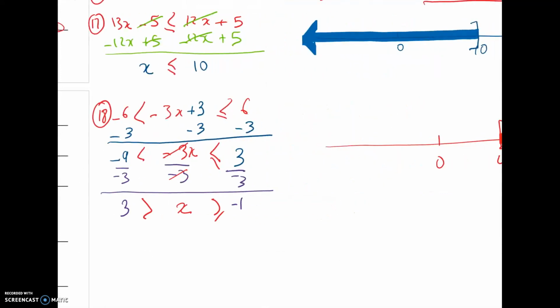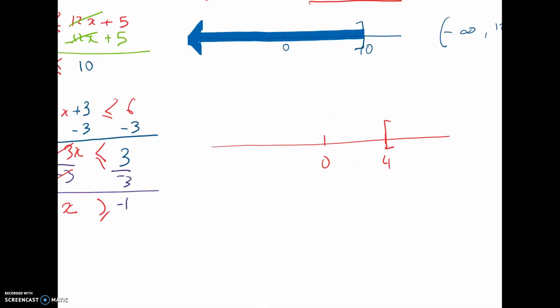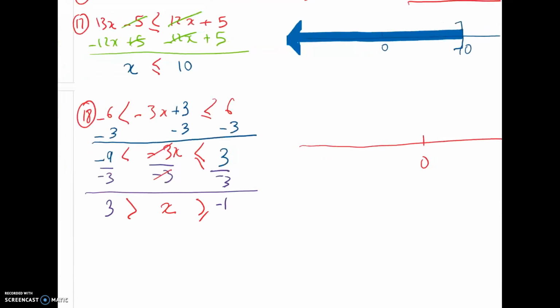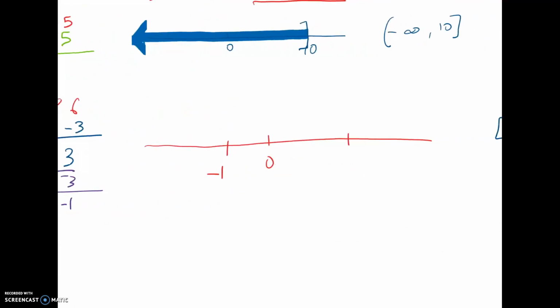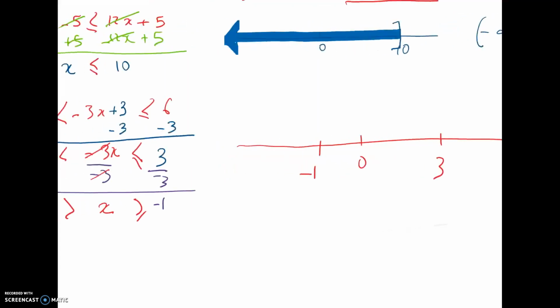So I'm drawing my number line. I have 0. Obviously, negative 1 is on the left and 3 is on the right. X is in between.